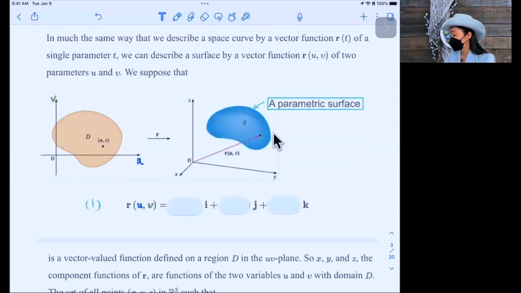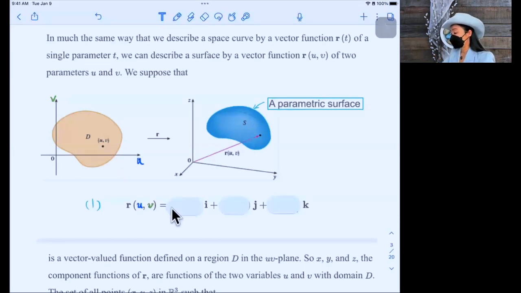So here is a visual picture of this. You take every point here, and then you apply this vector function on u and v, and then you get a corresponding point over here. Every point here is mapped to a point on this surface right here. So that's the map.